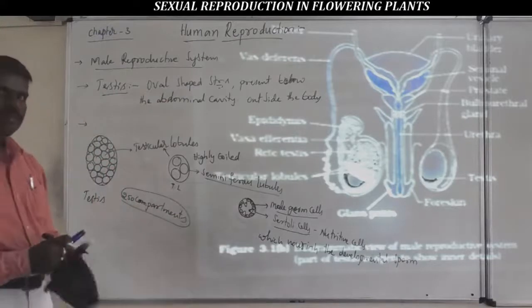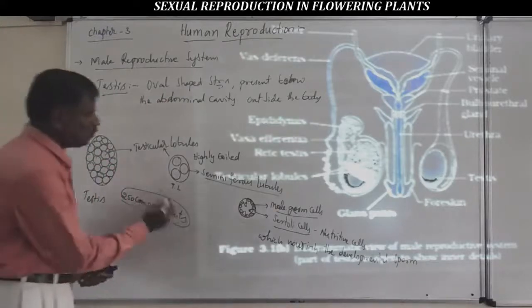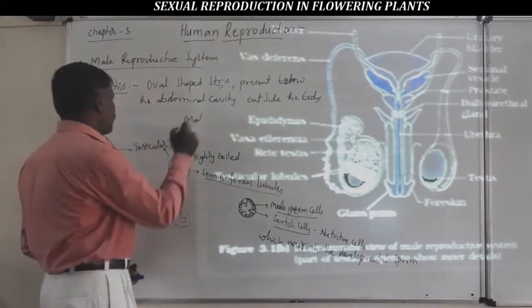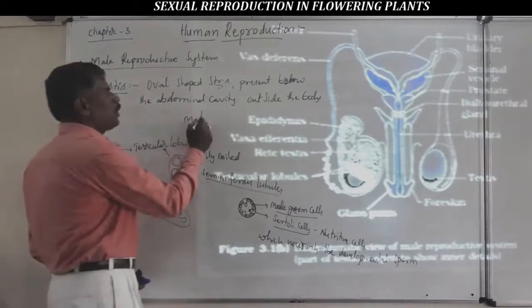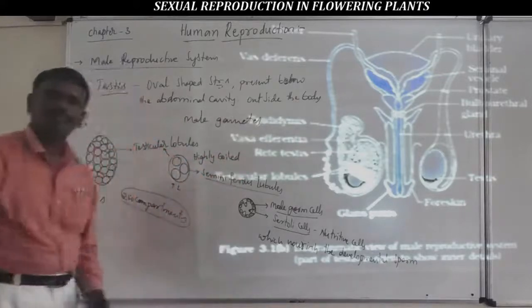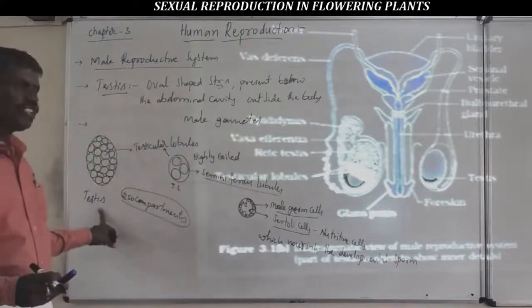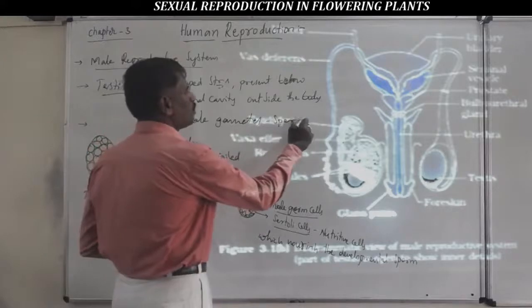As the ovary produces the female gamete, the testis produces male gametes, that is sperms.